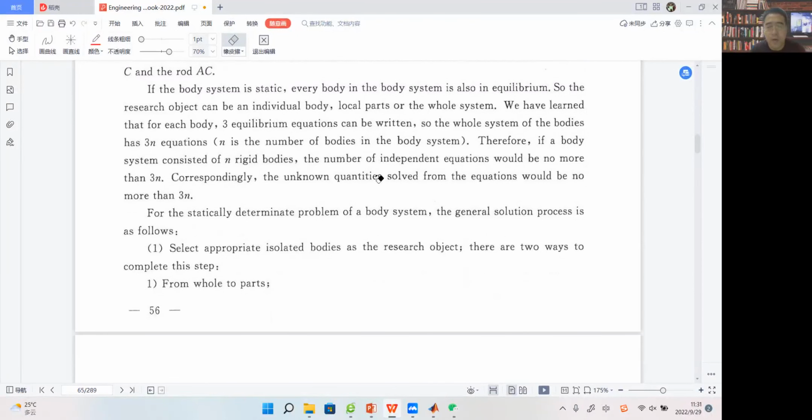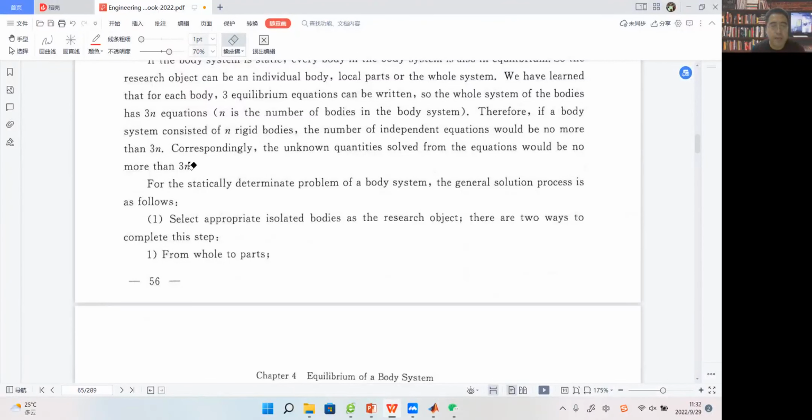Correspondingly, the unknown quantities solved from the equations would be no more than 3n. Do you still remember we talked about a statically determinate problem? That means we can solve all the unknowns.